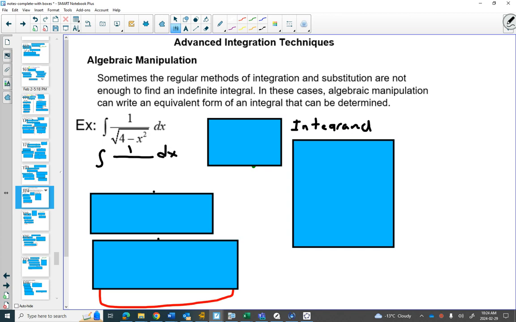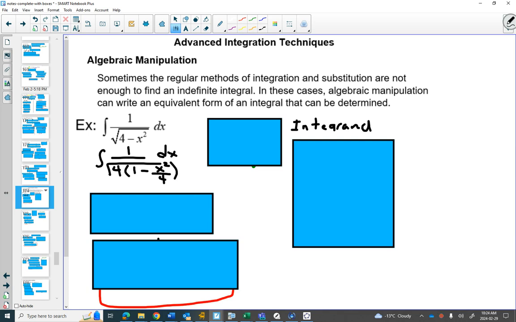Can you see if you factored out a 4, you would have 4 times (1 minus x squared over 4)? Factoring out means you have brackets, right? I factor out that 4, I would have 1 minus x squared over 4.